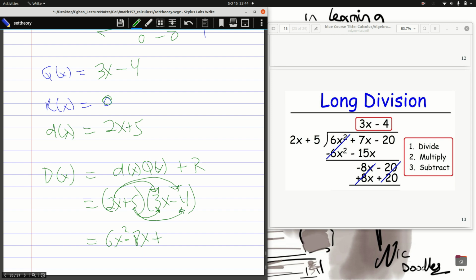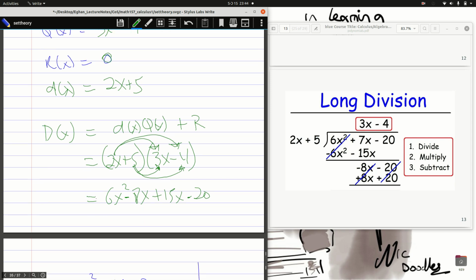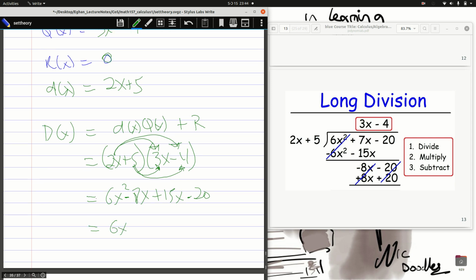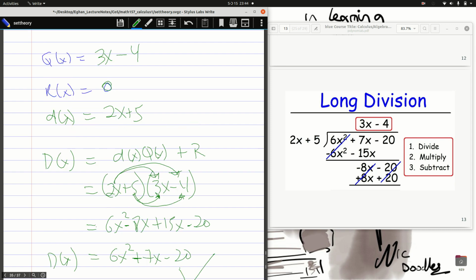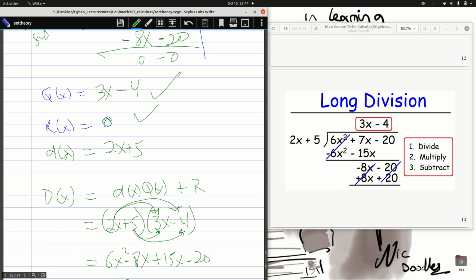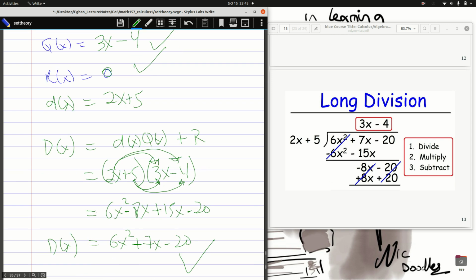That'll be plus 15x minus 20, and that gives me 6x squared, minus 8 plus 15, that will be plus 7x, minus 20. It is the same thing as my numerator, hence my answers are correct. This is how you test for it. Always ensure you test for them, please, just to be on the safe side.